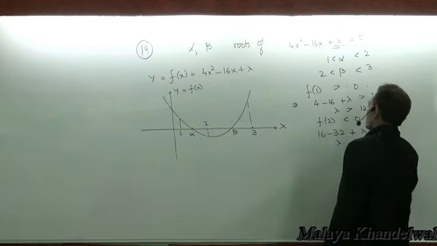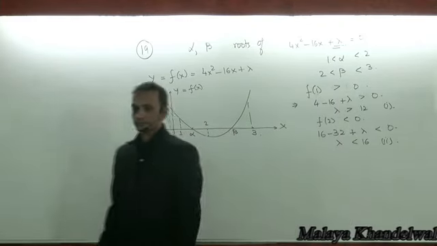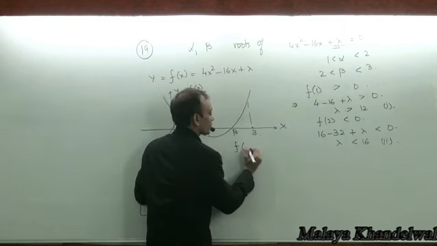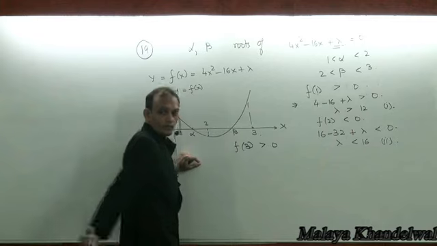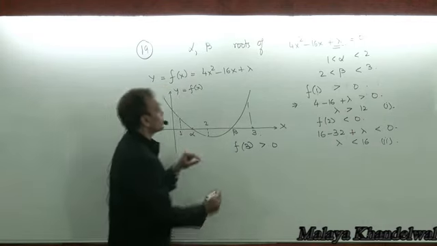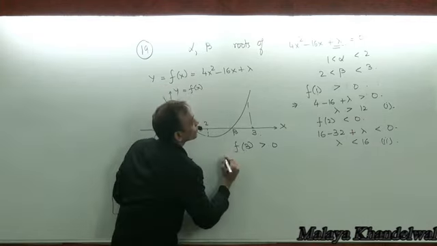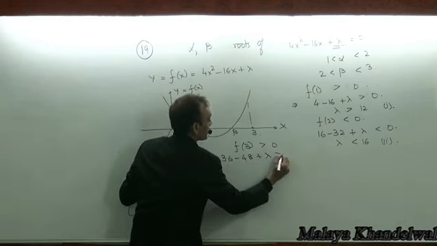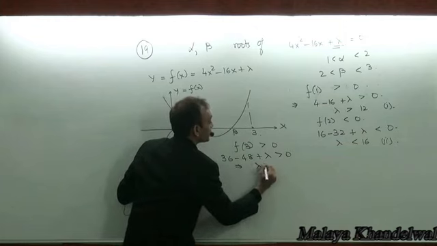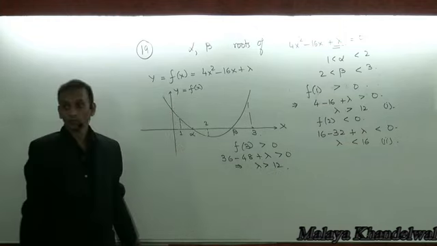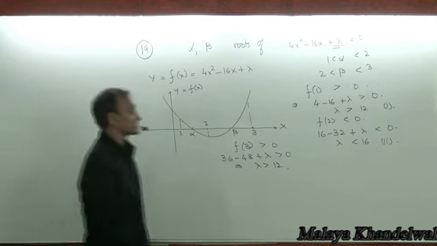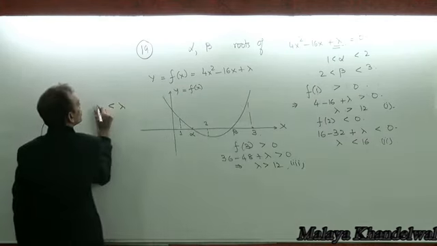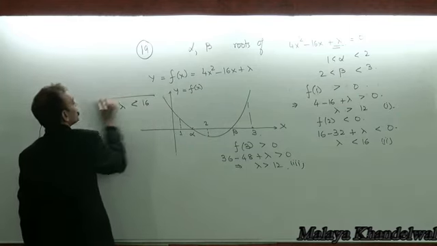That's condition 2. And f(3) greater than 0. f(3) means 36 minus 48 plus lambda greater than 0, that gives me lambda greater than 12. That's condition 3. So if you combine all three conditions, you get lambda greater than 12 and less than 16.